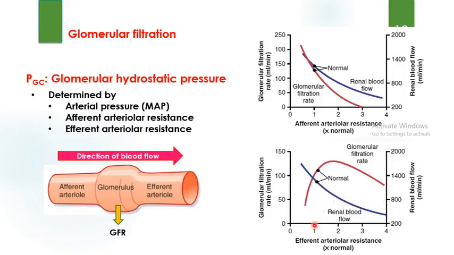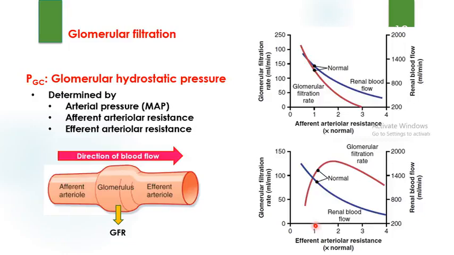At the normal level of resistance for afferent and efferent, the value for GFR is about 125 milliliter per minute, and renal blood flow is about 1250 milliliter per minute. Okay?